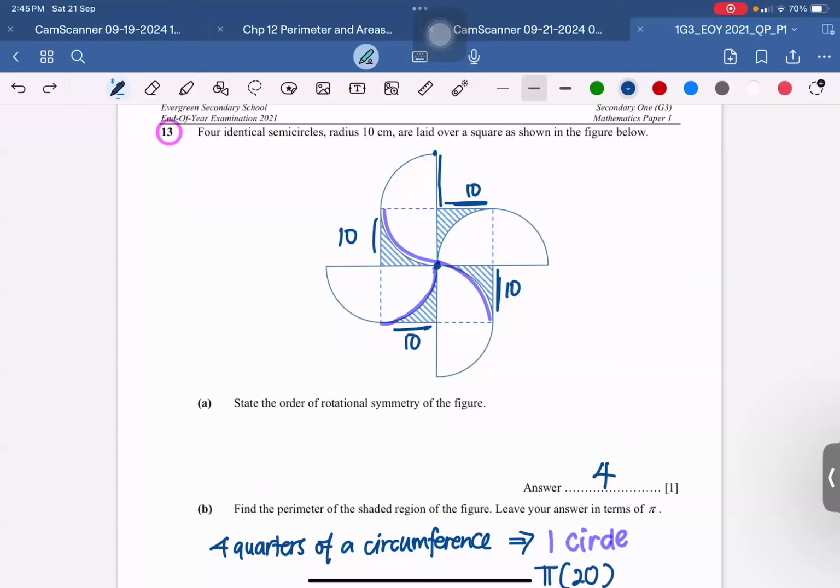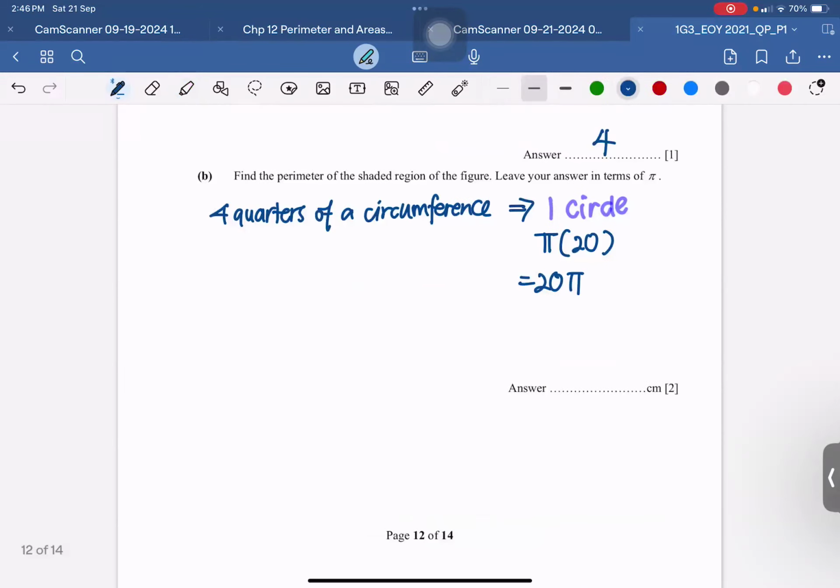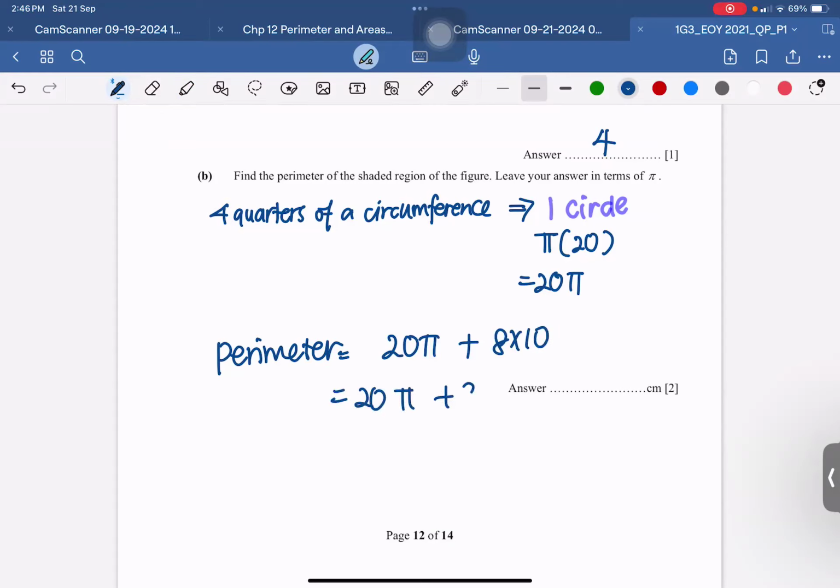Maybe I should highlight it in a different color. 1, 2, 3, 4, 5, 6, 7, 8. So there are 8 of them, 8 portions. So my perimeter will be 20 pi plus 8 times 10, which gives you 80.